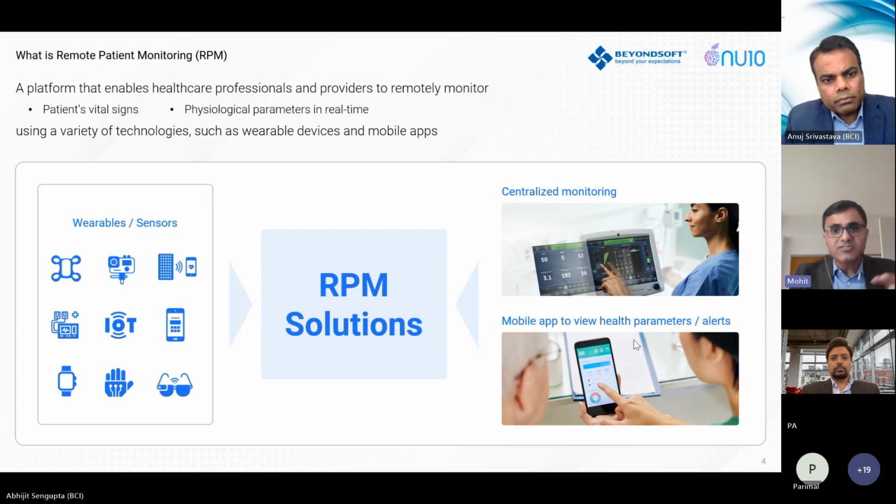Now, all of these trends have come at a time where technology is there which can handle sub-second latencies. There's technology which can manage the myriad of data which is flowing in, and this is the tech stack that we are working with, enabling device manufacturers as well as providers to build those journeys that patients are coming to expect and get to market faster.